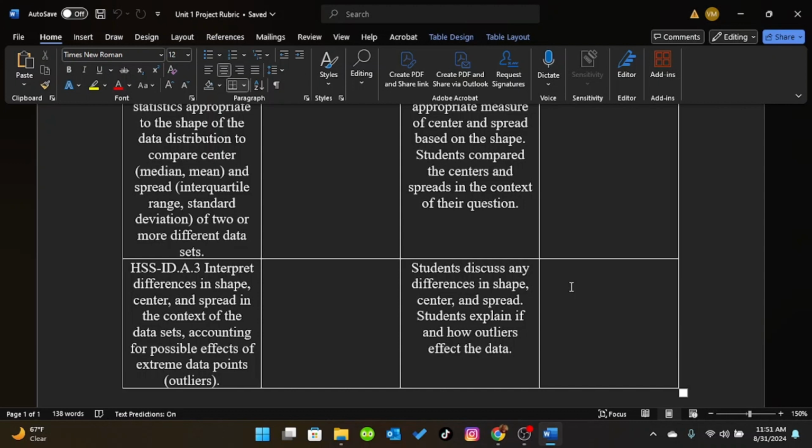But when it comes to the exceeds expectations, think about what you would want from another group. How could they make you understand their comparison better? What could they do to grab your attention? What could they do to entertain you and make that information stick?